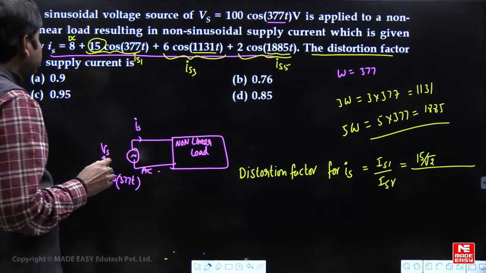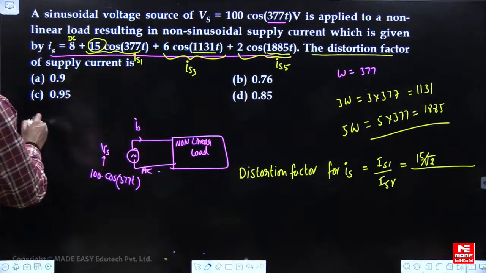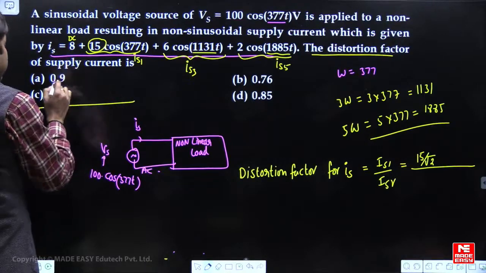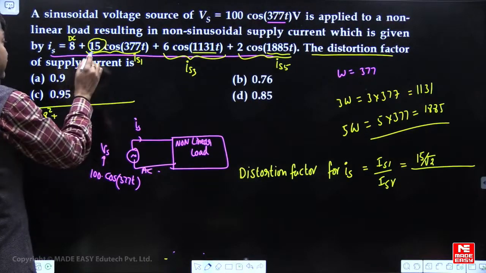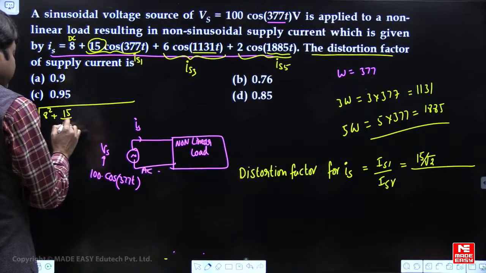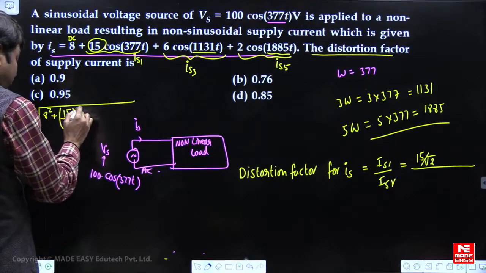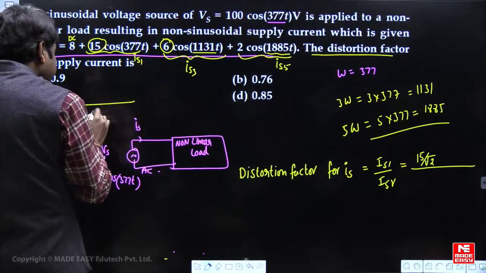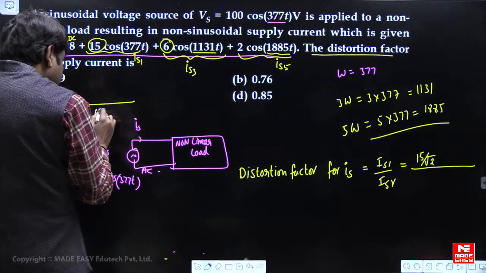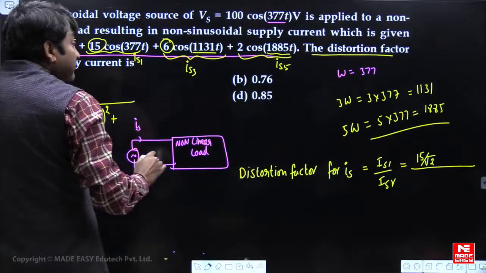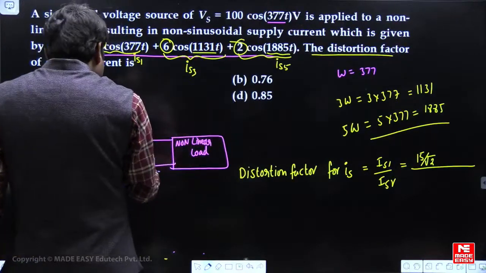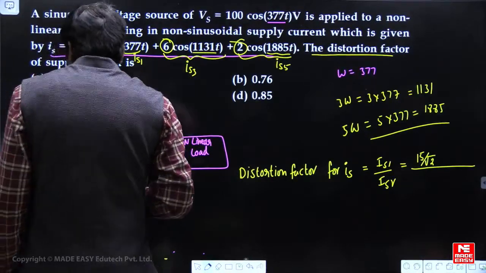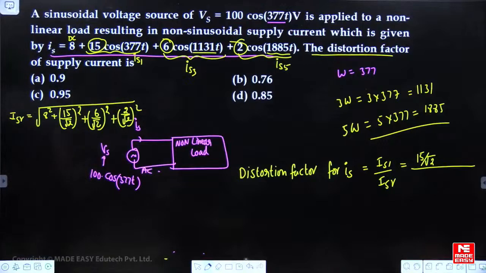Supply RMS current is square root of DC 8 square, plus fundamental RMS 15 by root 2 whole square, then 6 by root 2 whole square, 6 is the amplitude, plus fifth harmonic RMS 2 by root 2 whole square. So calculate this value and substitute there.